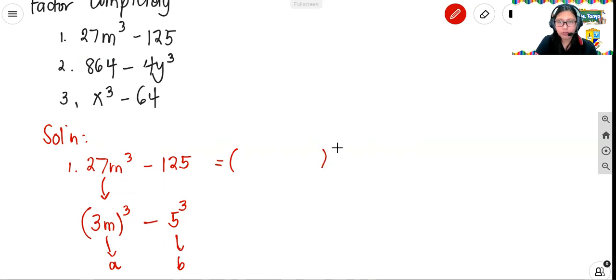So putting now the pattern, we have A minus B for the first. So it's 3m minus 5. And then the square of the first, A squared, we have 3m squared. And then we will have 5 squared here. And then 3m times 5, which is 15m.